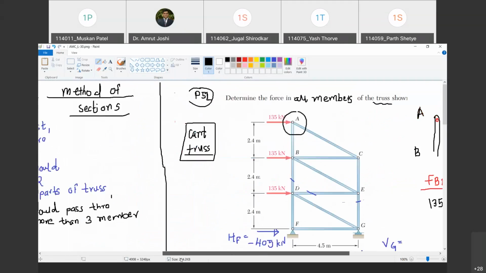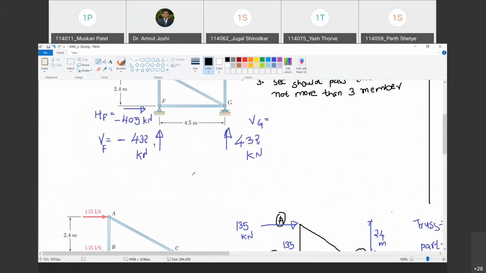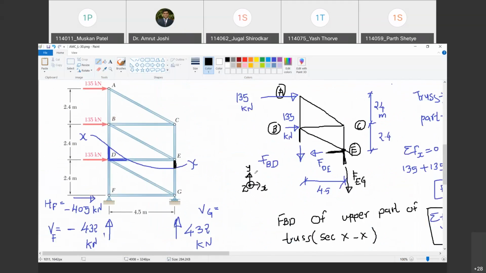Let me go back to the previous solution. Often there is a confusion in students' minds: what happens to this 135 and these reactions? Zara dekho, when I cut this section through XX, I am only concerned about the upper part. All the forces, actions or reactions that exist below XX are to be neglected and not shown, because they are not directly acting on the part of the truss above XX.